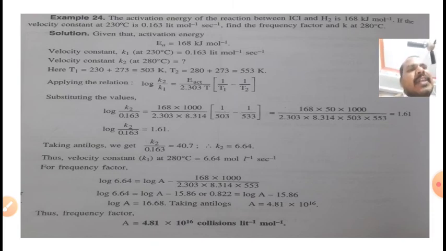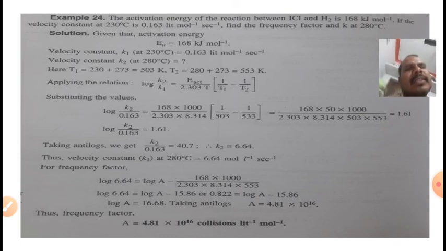Find the frequency factor, that is A, and K at 280 degrees centigrade. So he has given the K1 value at 230 degrees centigrade, and he is asking for the K2 value at 280 degrees centigrade.